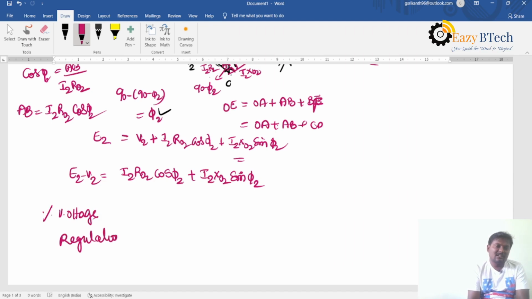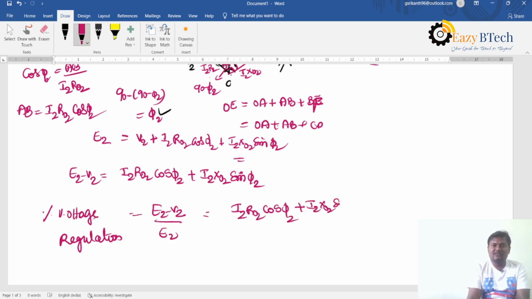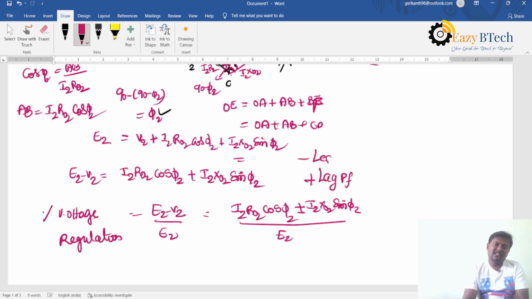Percentage voltage regulation is E2 minus V2 by E2, that is I2 R02 cos phi 2 plus or minus I2 X02 sin phi 2 divided by E2. Plus is for lagging power factor, minus is for leading power factor.